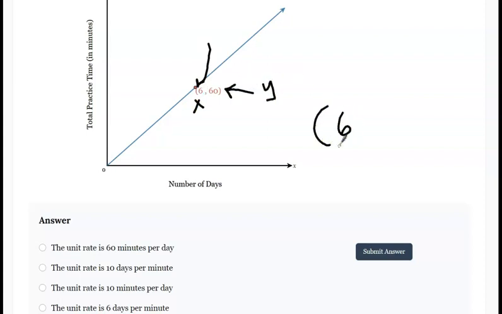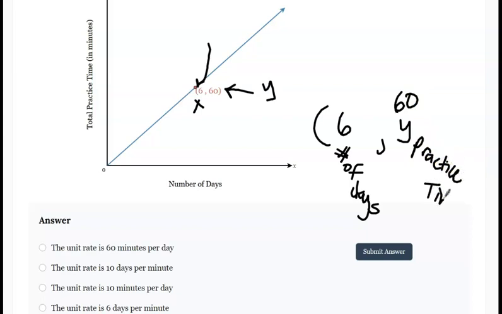So anything that's here would be labeled number of days, and anything in the y position, for us 60, would be practice time. So in 6 days, there were 60 minutes of practice time. That's what this means, 6, 60. 6 is the number of days, and 60 is the minutes of practice time.